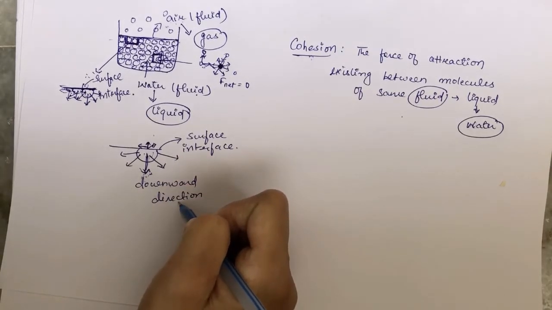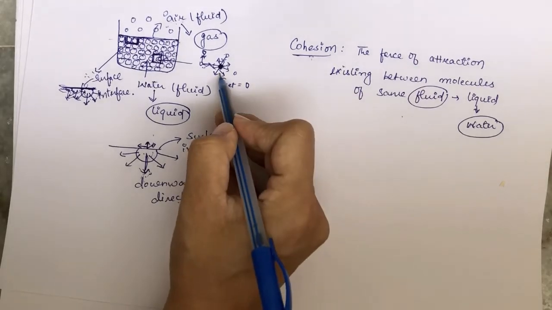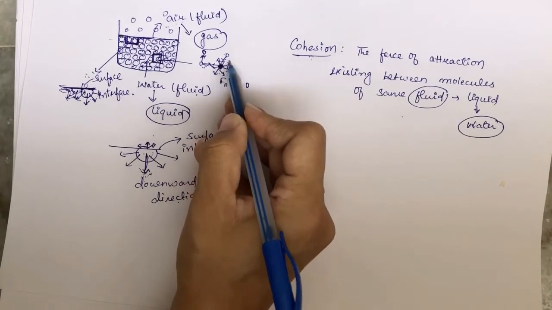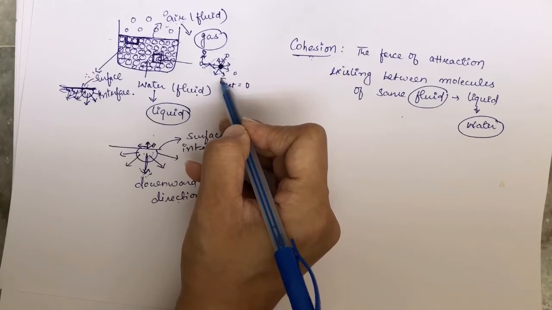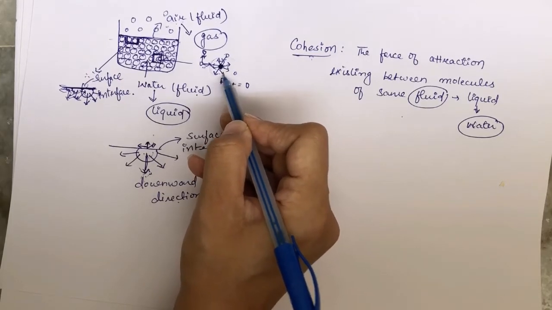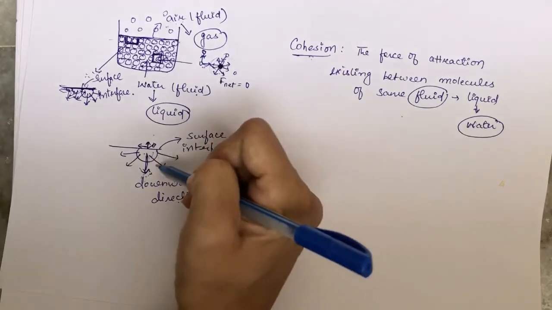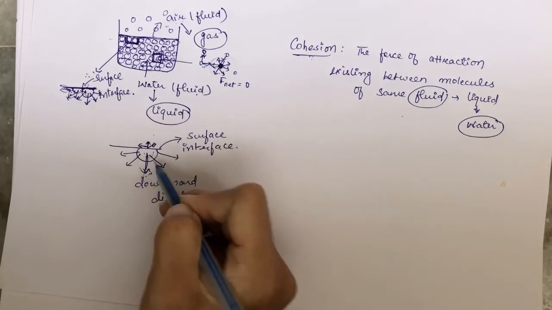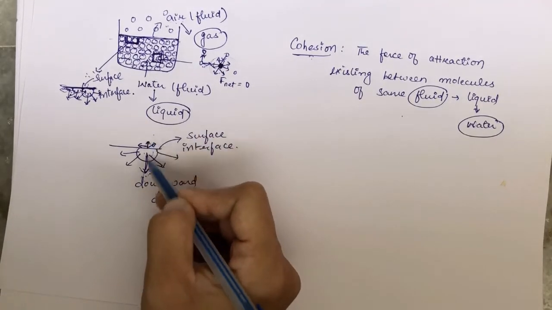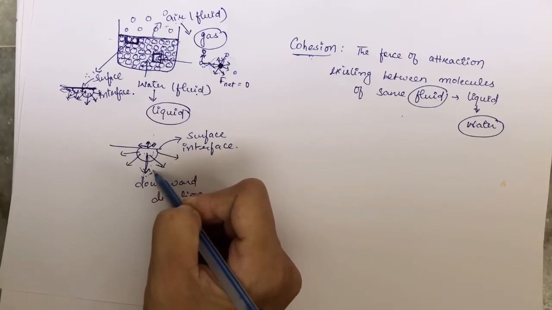Now as I taught you, in the case of liquid, the net resultant force will be 0 because equal and opposite forces are exerted on the water molecule. But the case is different over here. As you can see, there will be an imbalance of forces.